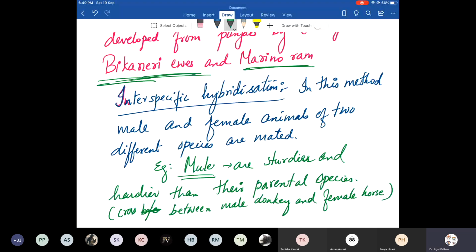Do you get the point? Male donkey and female horse are crossed to get a mule who is hardy and sturdy. The donkey is known for hard work and the horse for strength. So these two different species were crossed and the progeny obtained was the mule, a combination of both. Write this down.